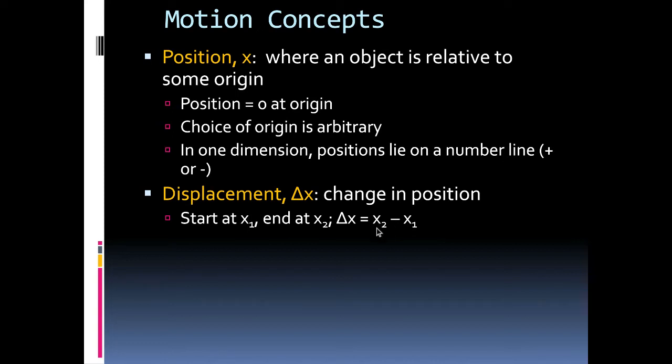Mathematically, we would say x sub 2 minus x sub 1. There's many different ways to write this, but remember, it's just a change in position. You have a starting point and an ending point. And if you're on a number line, mathematically, it's the difference between those two. And remember, this is a subtraction sign here, and it means add the opposite. You will have to add positive and negative numbers. So displacement can come out positive, negative, or 0, and the sign will give its direction. It's actually a vector quantity. It's different from distance.